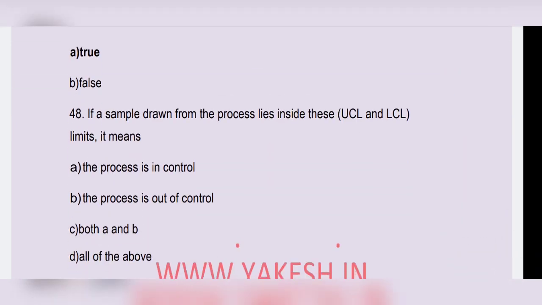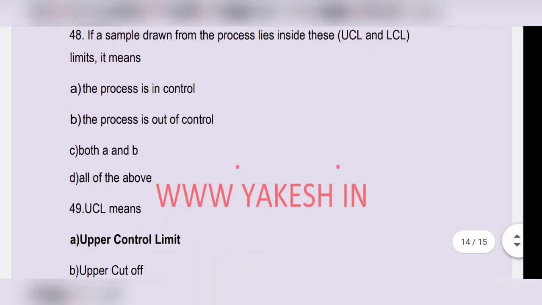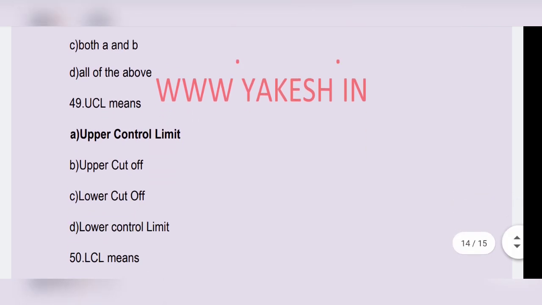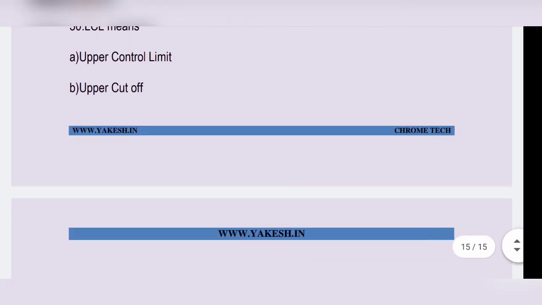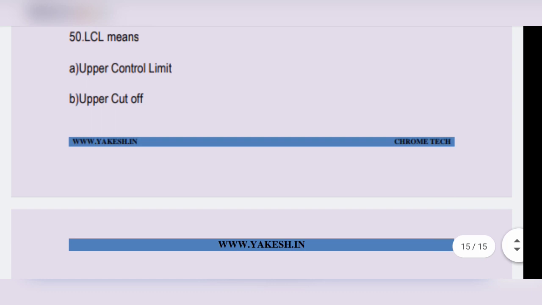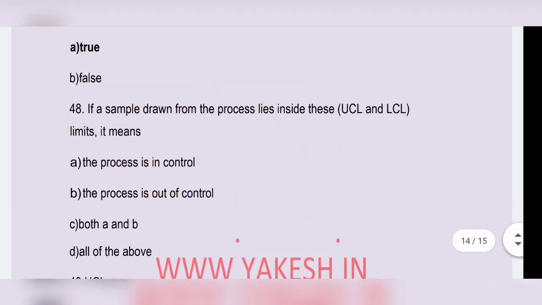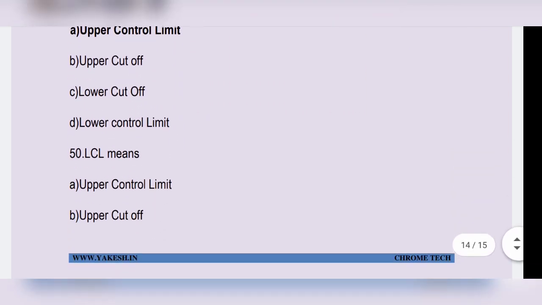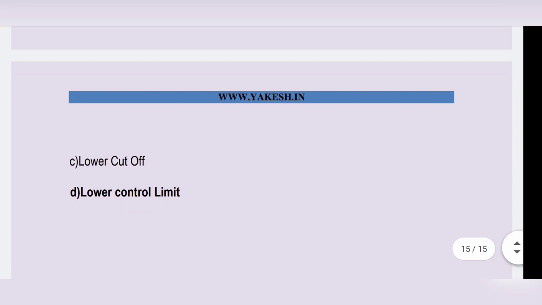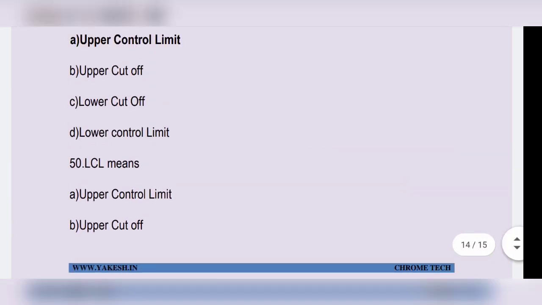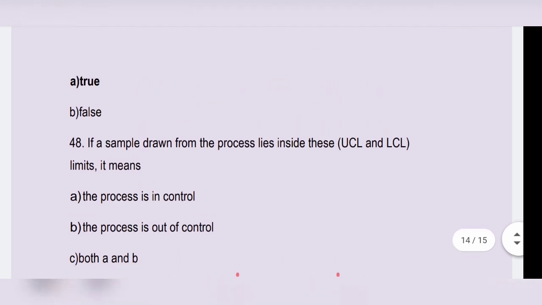If a sample drawn from the process lies inside the UCL and LCL limits, it means the process is in control. UCL means upper control limit, LCL means lower control limit. These questions are all very important. Just study all the questions.